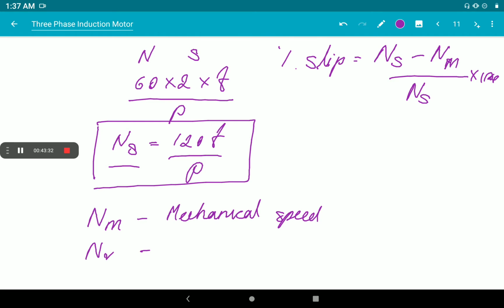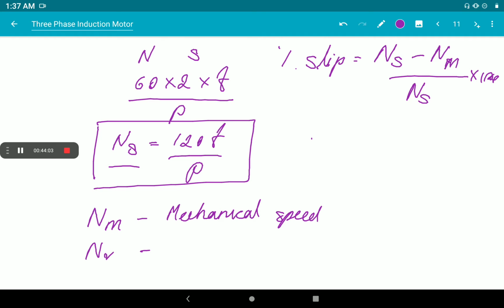Initially the rotor is stationary, and when we give a 3-phase supply to the magnetic field winding, two constraints must be satisfied: the windings should be placed at 120 degree phase difference, and the supply given should produce voltage and current at 120 degree phase difference. Then the magnetic field produced will be a rotating magnetic field.